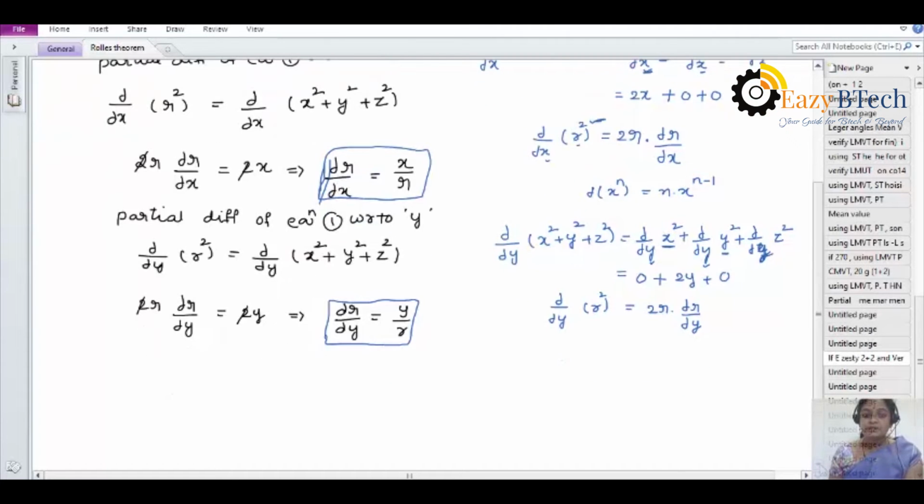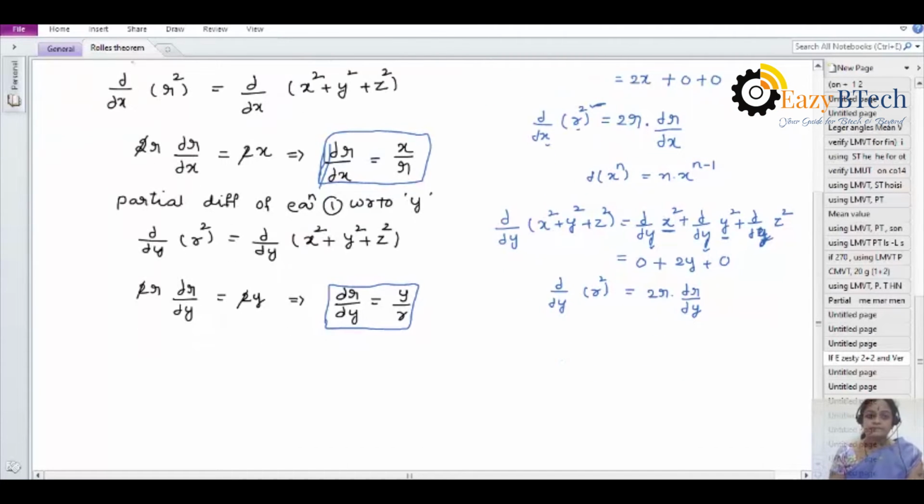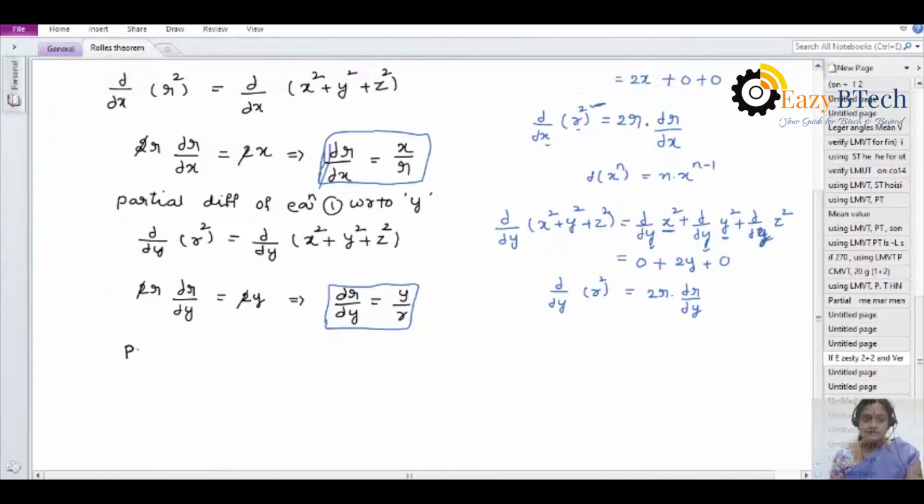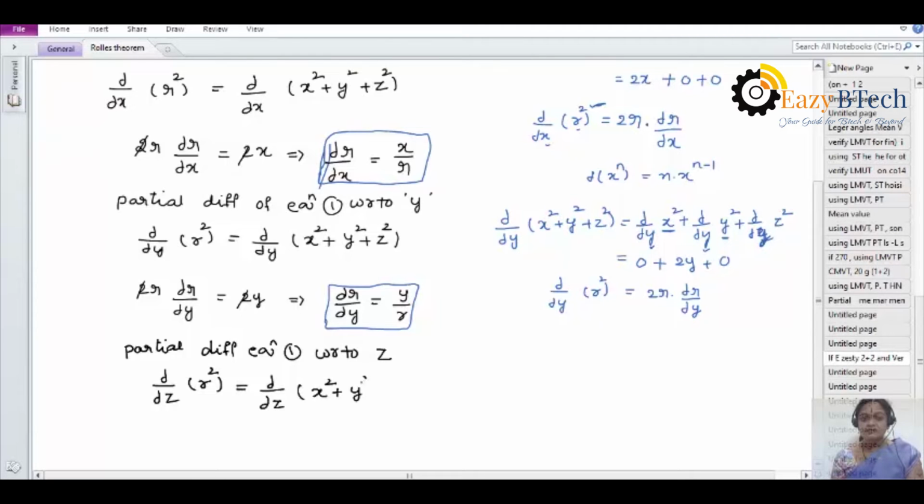Now again, with respect to z, we follow the same procedure. That procedure is partially differentiating equation 1 with respect to z. Then ∂/∂z of r² is equal to ∂/∂z of x² plus y² plus z².